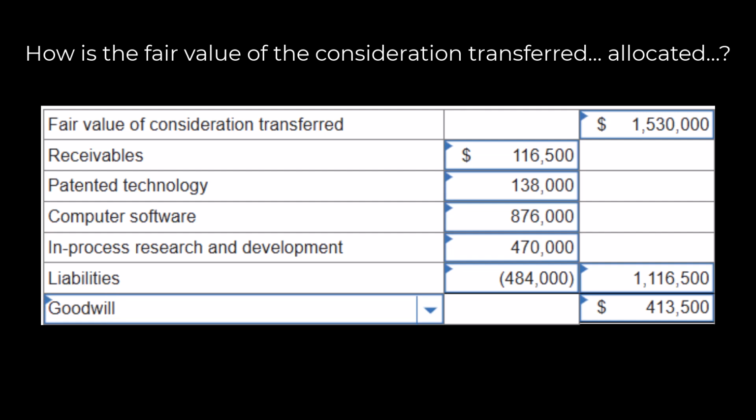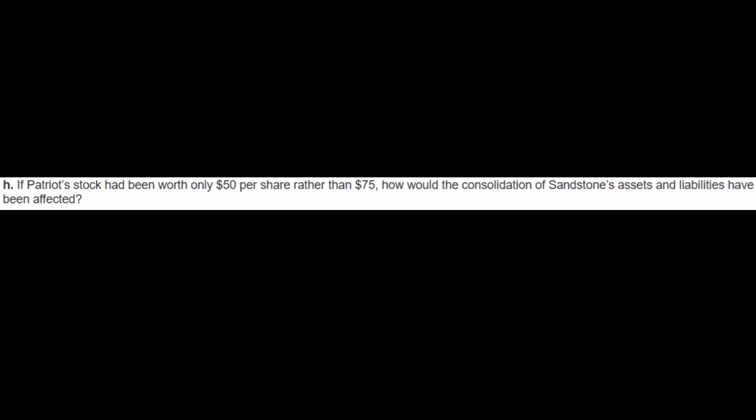So, subtracting the value of the net assets from the consideration transferred leaves us with goodwill of $413,500. This is the amount that Patriot would record as a new intangible asset on its balance sheet as a result of this acquisition.